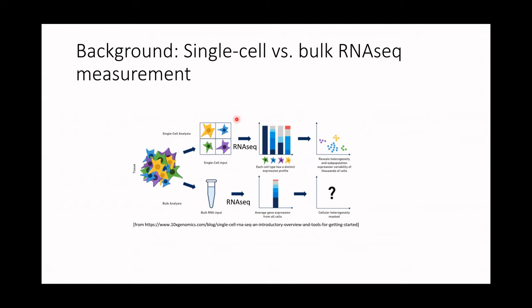Then within these droplets, you do all the necessary experimental reactions to enable measurement of the genes within each of these cells. Here, for instance, you are seeing that this red gene is only present in the fourth cell, and this dark blue gene is present predominantly in the first cell and not as much in the other cells.